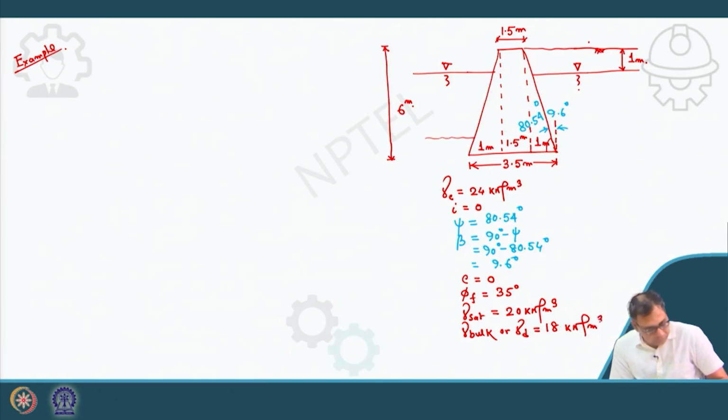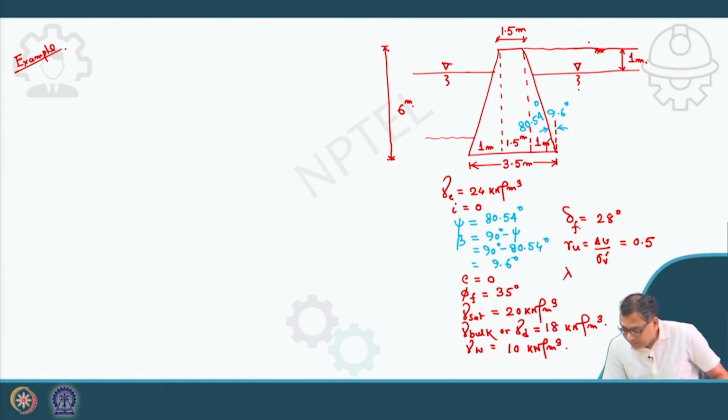Gamma water is 10 kilonewton per meter cube. Delta in the fill is given as 28 degree. Ru value, which is delta u by sigma v dash, is taken as 0.5.